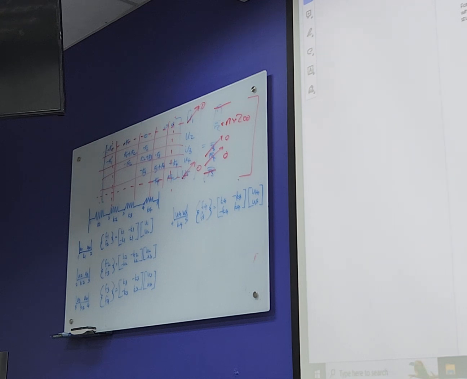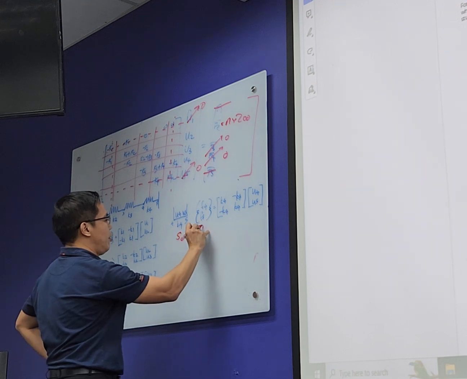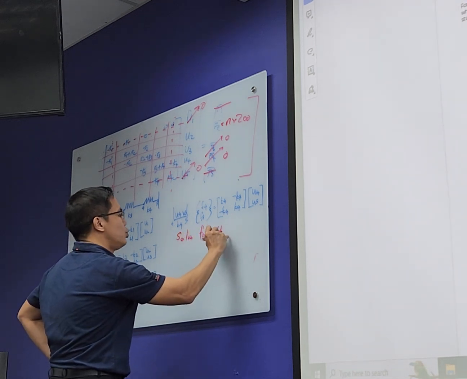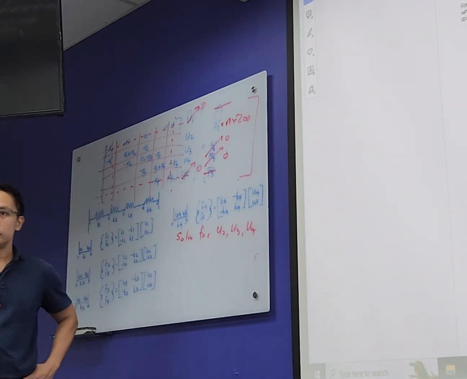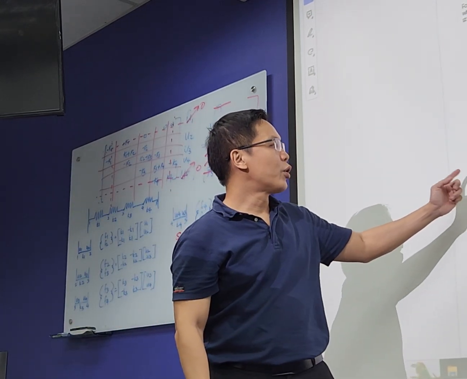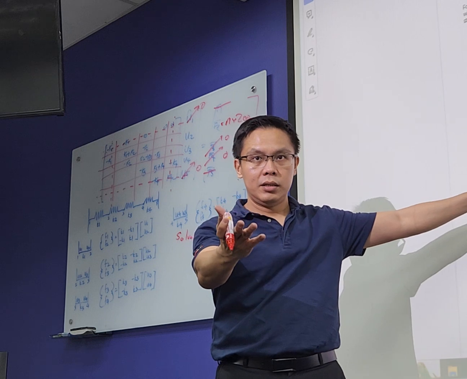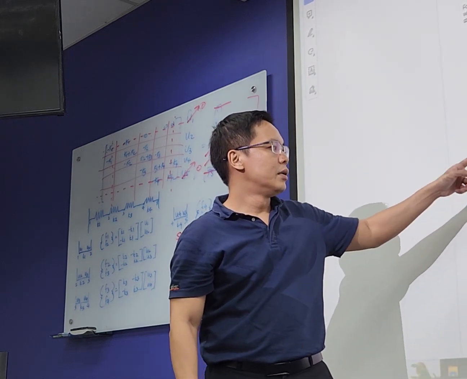After that we solve. So from this we solve, based on the diagram, only U2, U3, F2, U4. Alright? So read the question. What are we looking for? First is the displacement, node displacement, followed by element stress.